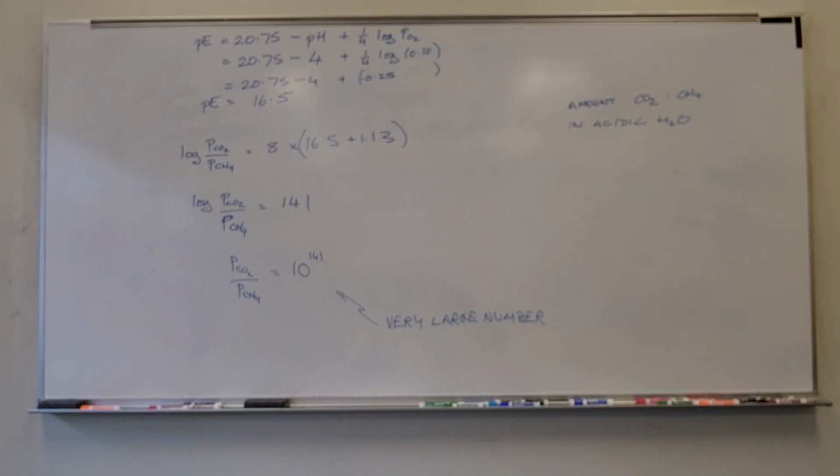What are our conditions? It's acidic. Okay, that does make a difference. The amount of available electrons does change when you move from being acidic to being basic. This is a known thing.